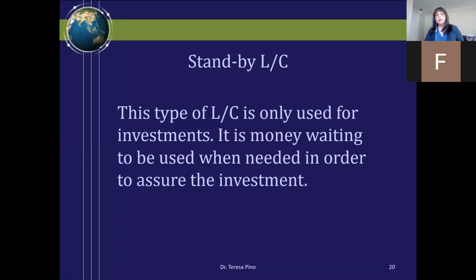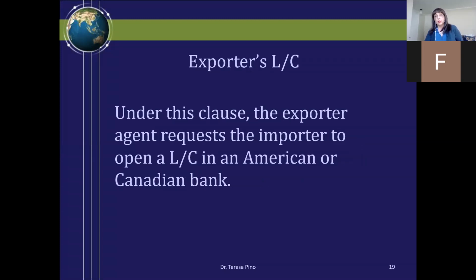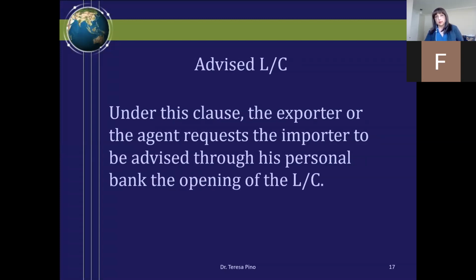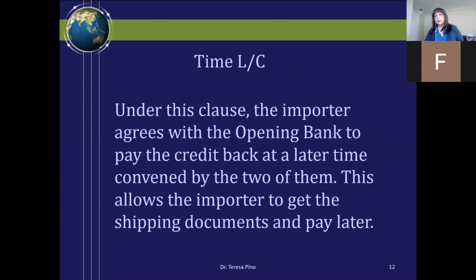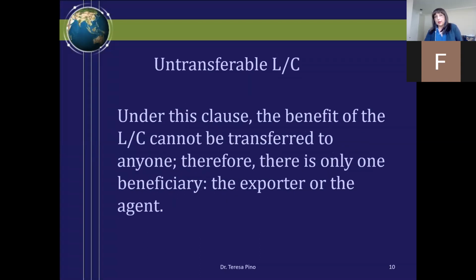You are going to be getting familiar because we're going to be practicing all these letters of credit process by process, and then you will memorize them as everybody else does. So it seems like a lot, but in one particular transaction, you may have a letter of credit. Let's suppose that you want an advance, you want to be paid through your bank, and you want to pay in 3 months.